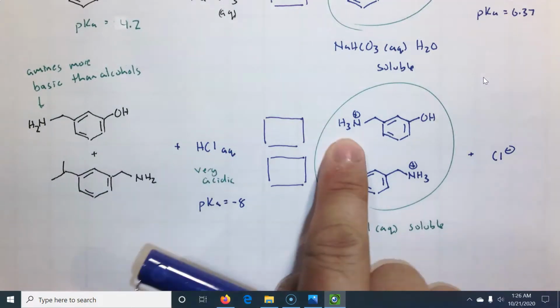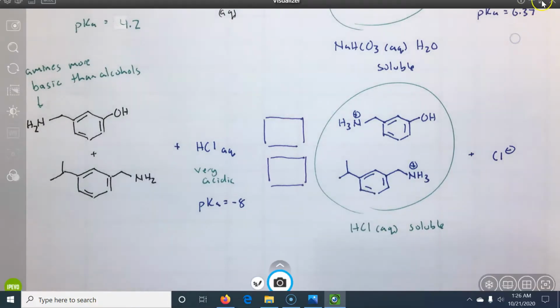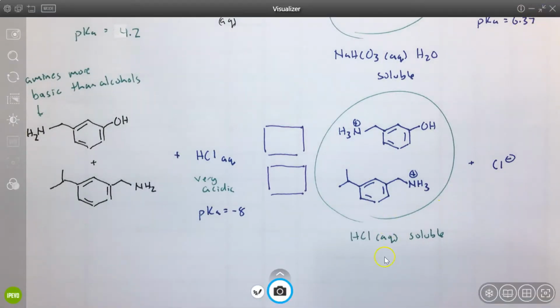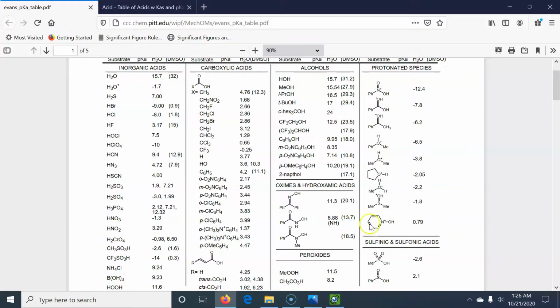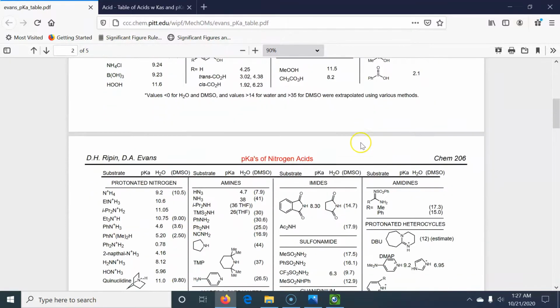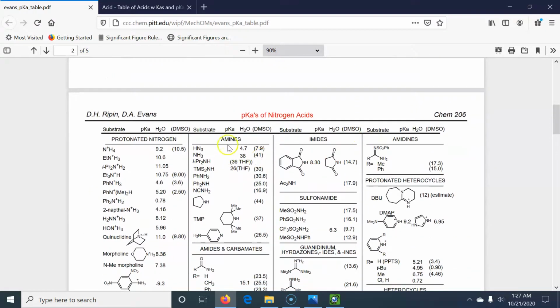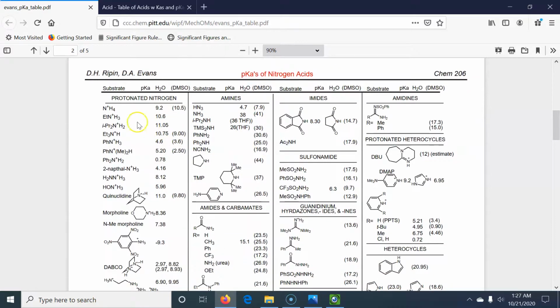These protonated amines have a pKa of around 9 to 10, and I hope I can find one. There are the amines, but we need the protonated amines. Look at these protonated amines. See, these are NH3 plus, NH2 plus. These are the nitrogens that are positively charged.